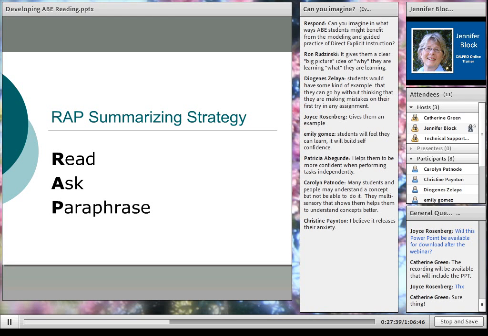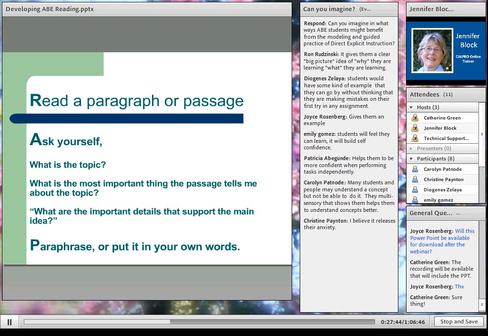And WRAP stands for read, ask, and paraphrase. And within that, you need to teach students that R stands for read the passage, the paragraph or passage. Then you need to ask yourself 3 questions.